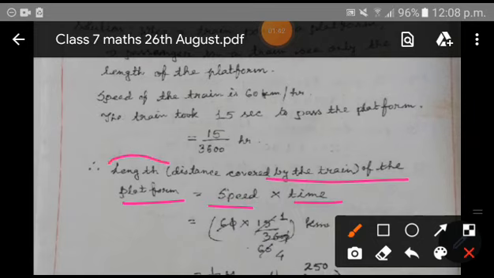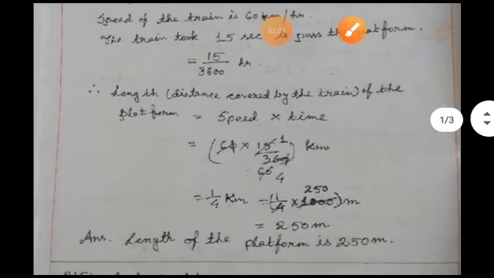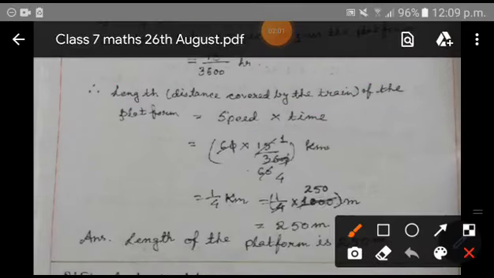Because here we are finding out the length. The length is actually what? The length is actually the distance. So distance means speed into time. So putting the speed, that is 60 km per hour, and time, that is 15 by 3600 hours. Now on further calculation and cancellation, you are getting 1 by 4 km.